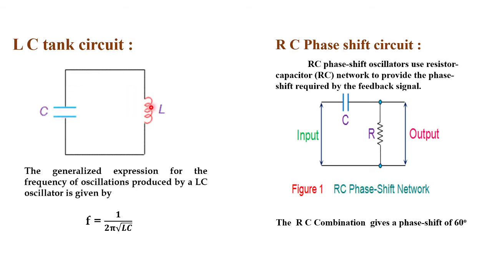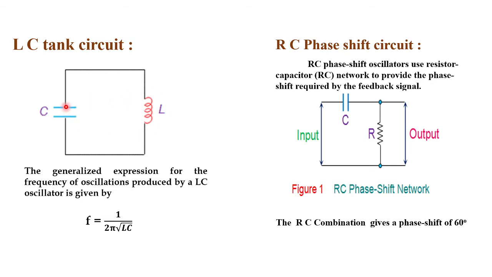This discharging will produce a magnetic field, and when the discharging is over, this magnetic field will again charge the capacitor with opposite polarity. Again the magnetic field will build up and the capacitor will charge.